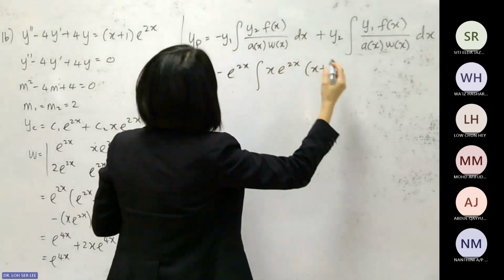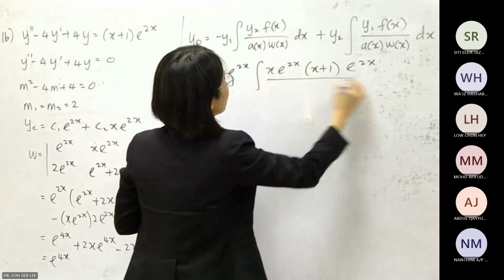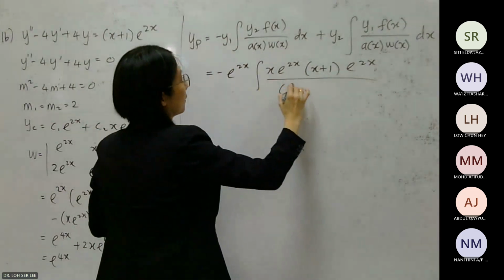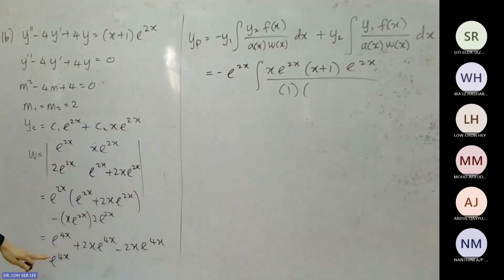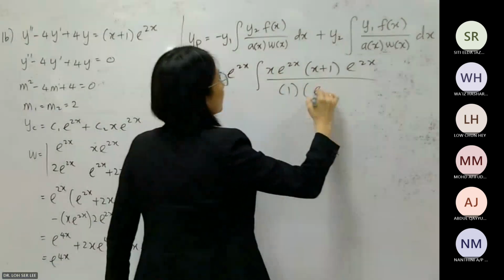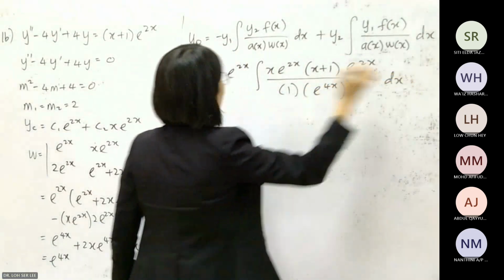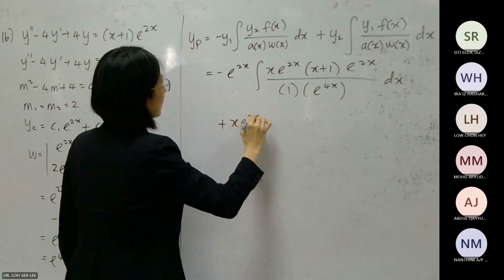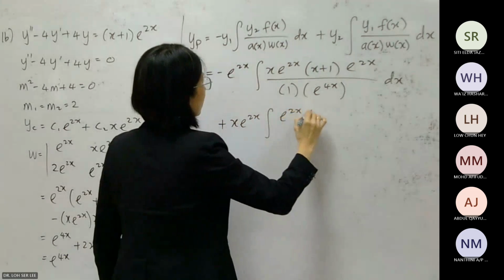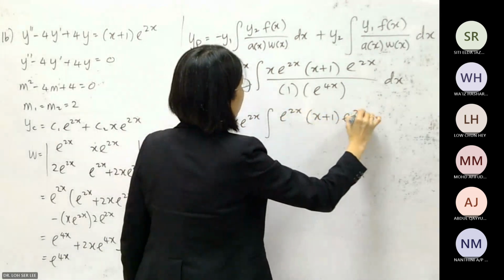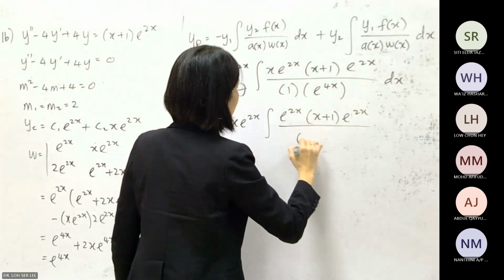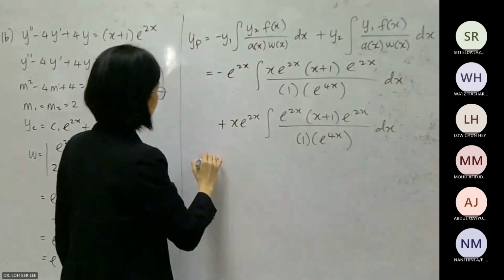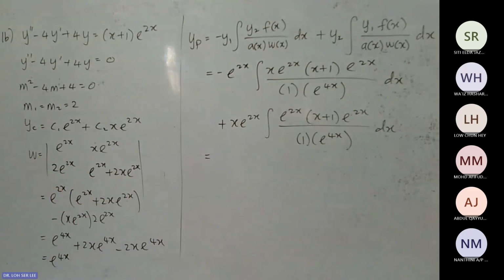Your fx is (x plus 1) e to the x, over a, where a is 1. W is e to the 4x. Simplify.